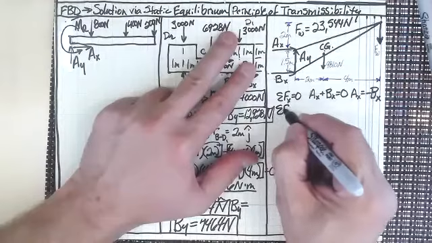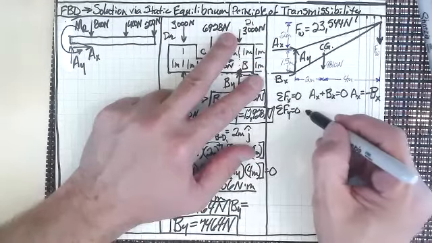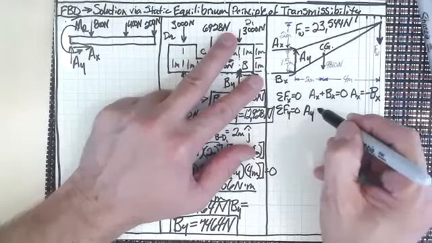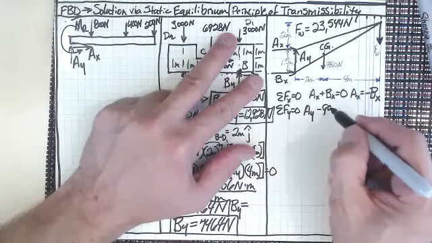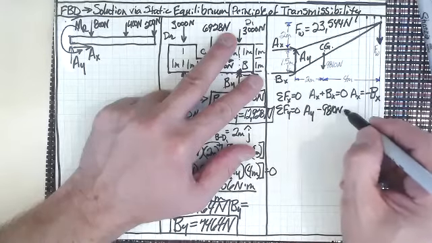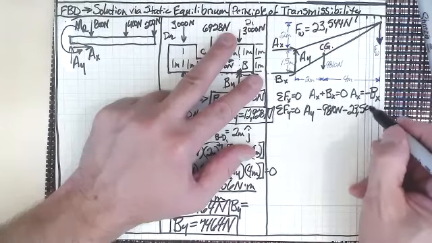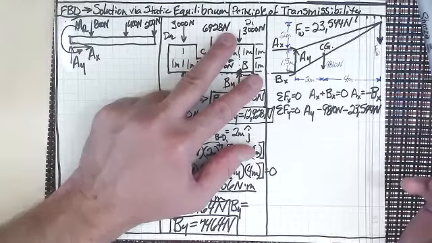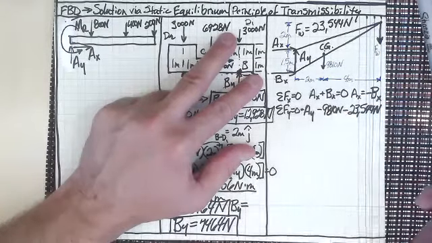So summing the forces in the y direction equal to 0. Well, we've got A sub y, that's in the y direction, minus 9,810 newtons, minus 23,544 newtons, right? And that has to equal 0.